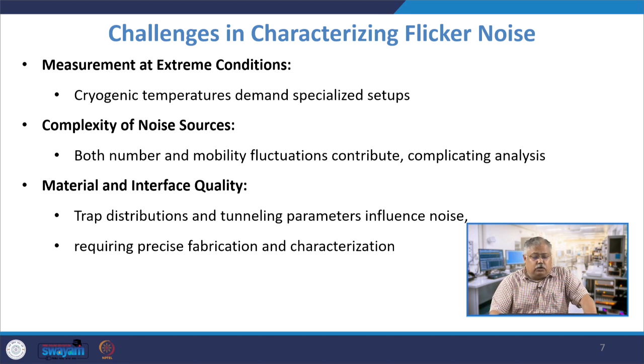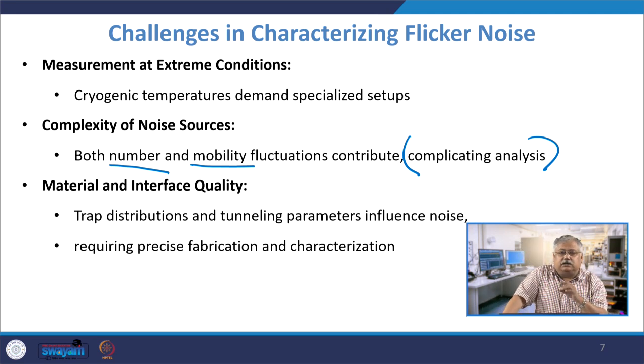Similarly, both number and mobility fluctuation will contribute, and since the mobility as well as the number changes, the analysis is quite complicated. The other challenges are the trap distribution I discussed, and the proper fabrication technique. Very precise fabrication needs to be highlighted in order to generate very low flicker noise. That is the bottom line in terms of challenges you face in most cases.